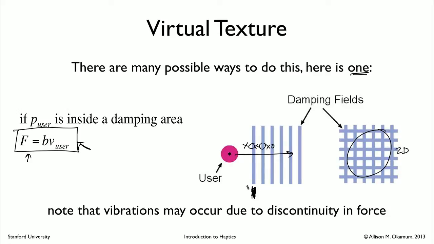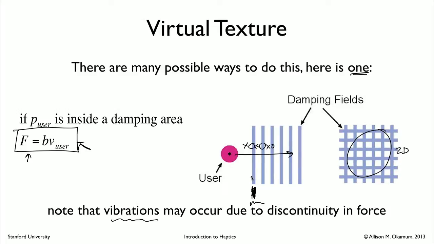And if you hit it with a reasonable amount of velocity, you're actually going to get a little bit of vibration of the haptic device due to the fact that your device is trying to create a sudden discontinuity, a very sudden jump in force, which motors can't instantaneously do. And so due to the motor and the mechanisms in your device, it's going to vibrate a tiny bit. So you're going to feel some vibration that's going to die out quite quickly as you enter these damping fields.